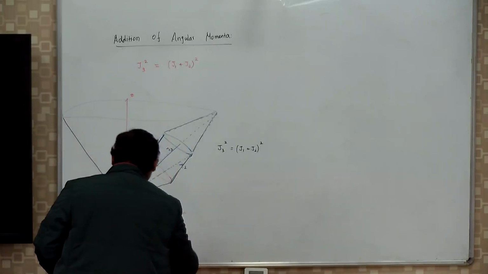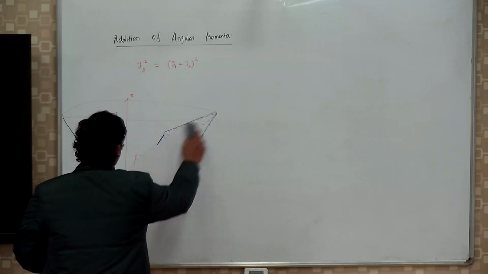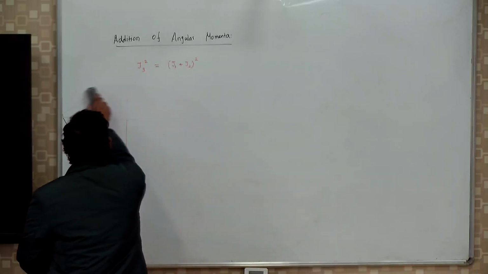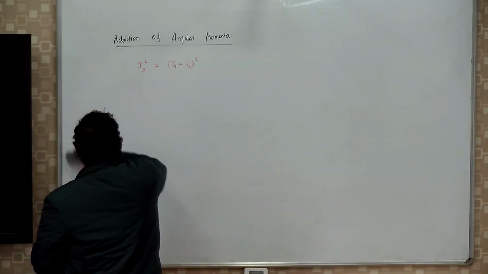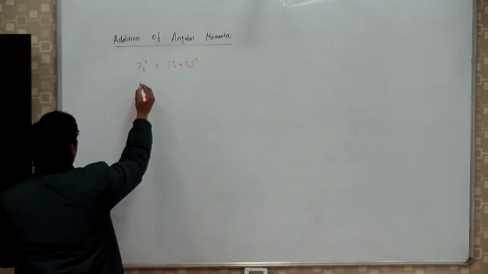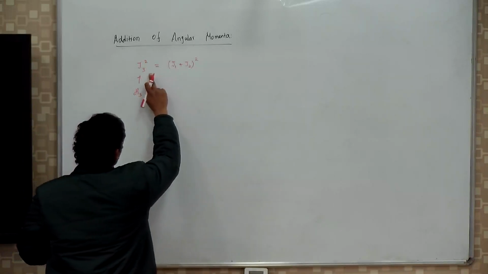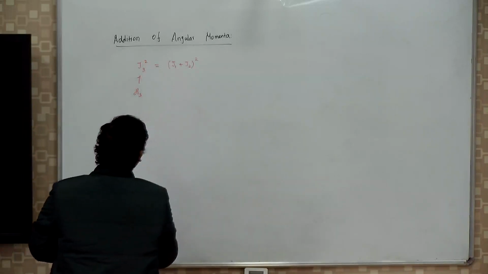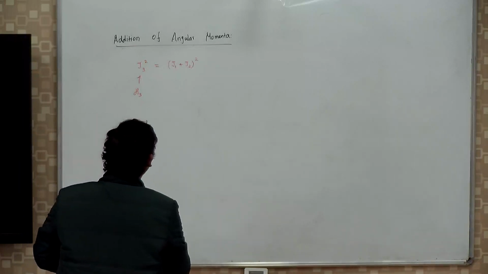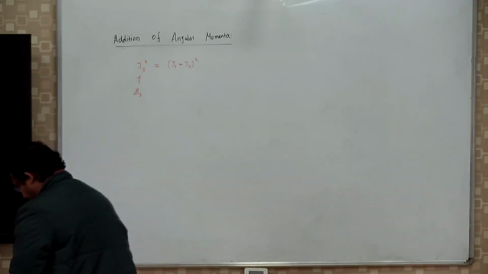So this is nothing but the coupled system or coupled basis. Mathematically, for writing the coupled system of Hilbert space H3, J3 square is nothing but the square of the sum Z1 plus Z2.